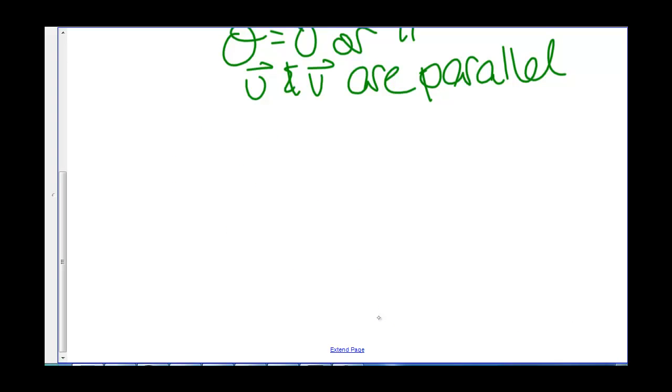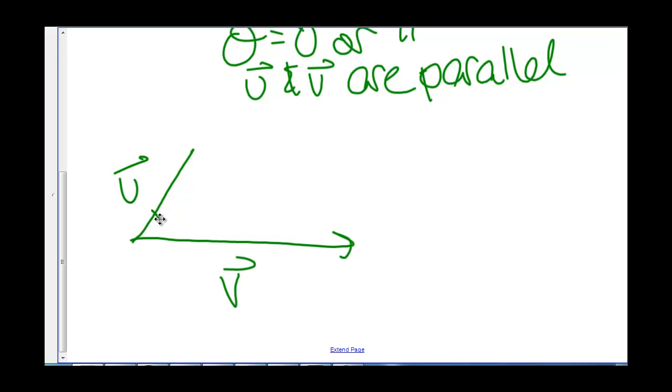Another way to look at the cross product is that if we have vector v and vector u, and this is angle theta, the length of this height here is sine of theta times the length of u.